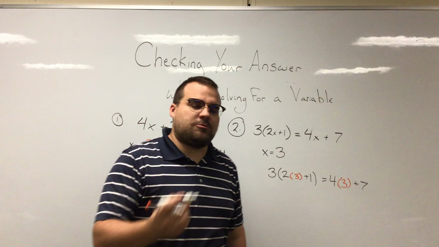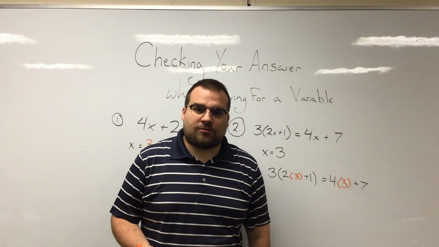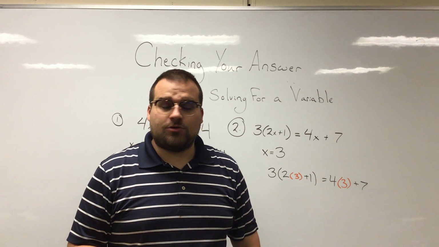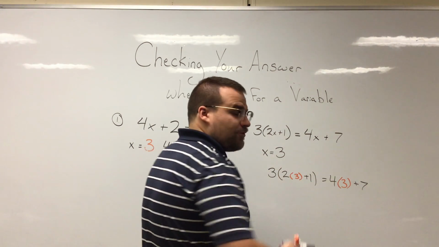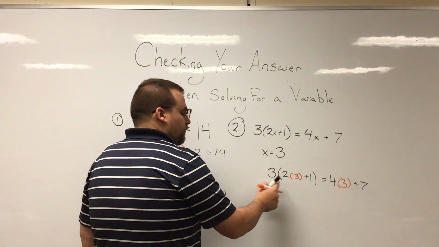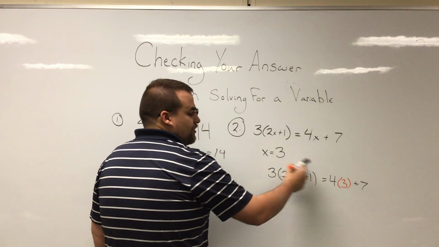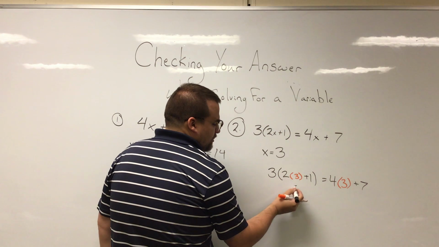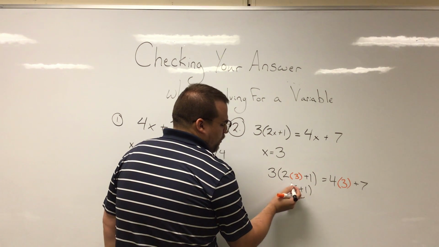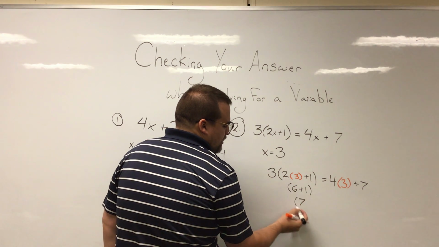Now what we would do is look at each side of the equation and evaluate it using order of operations and see if they're the same thing. So over here, order of operations tells us to look at these parentheses first. Let's multiply: 2 times 3 is 6. 6 plus 1 gets us 7.